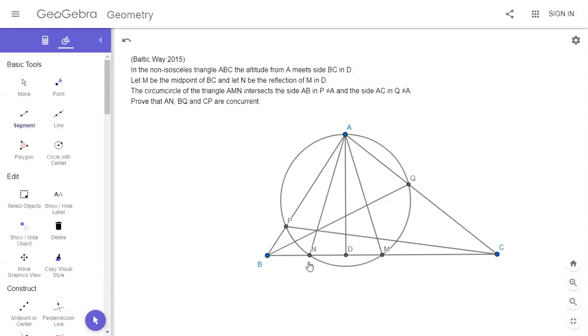So actually APN and AQM, wait, never mind. Yeah, we have a lot of equal angles here. So BPN is equal to CQM. So they're similar.